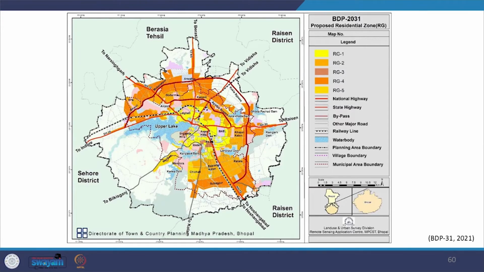We see another zone which is residential general 4, RG4, shown in orange color in the extreme periphery in the map. This zone includes new proposals to cater to the population of the year 2031. The purpose of this zone shall be an additional proposed area with the provision of multiple mixed use development allowing the market to function as per demand.